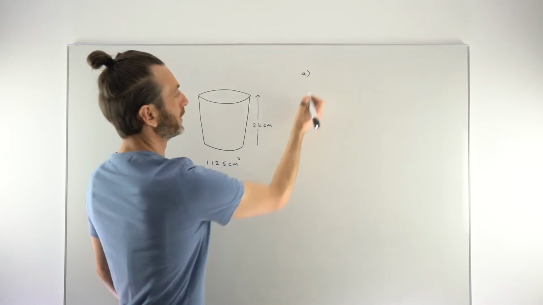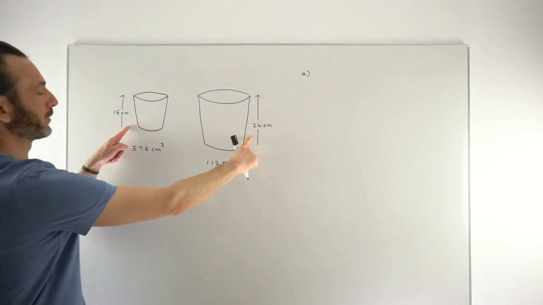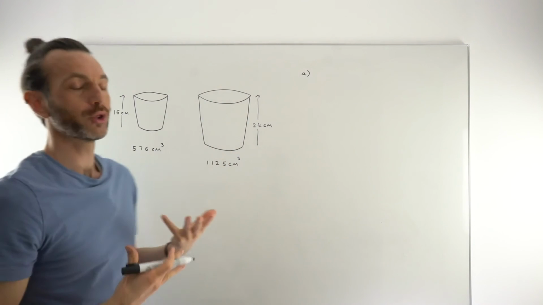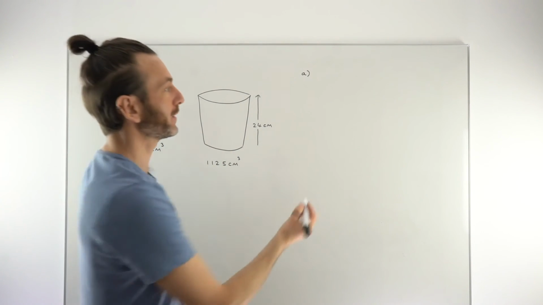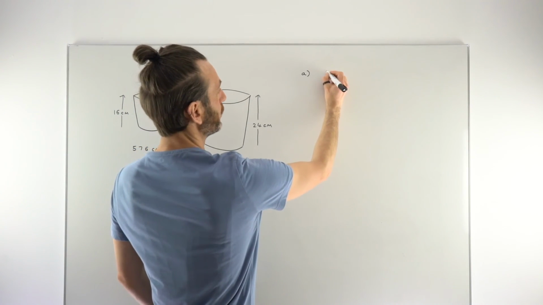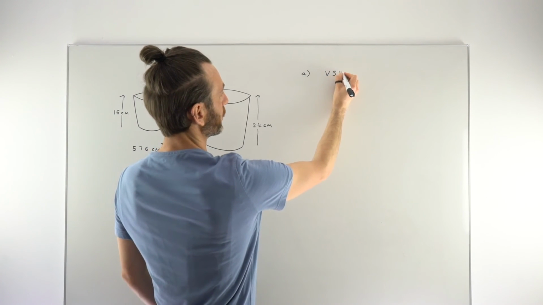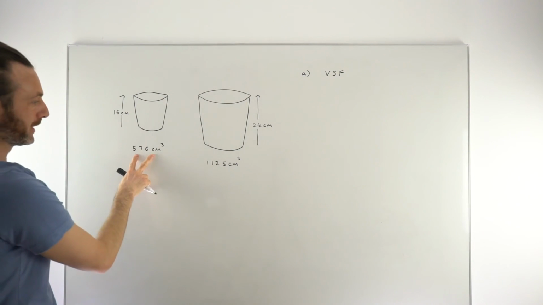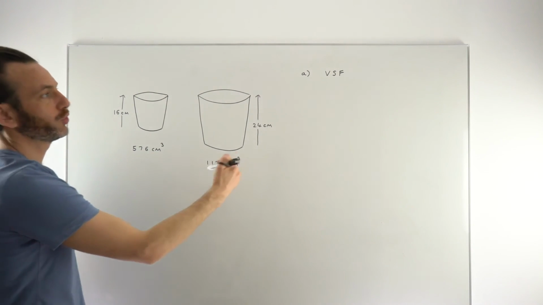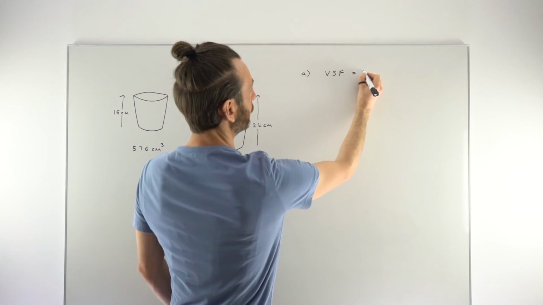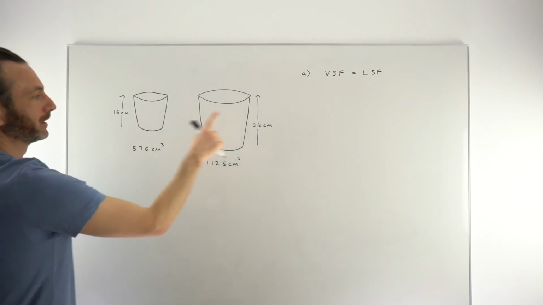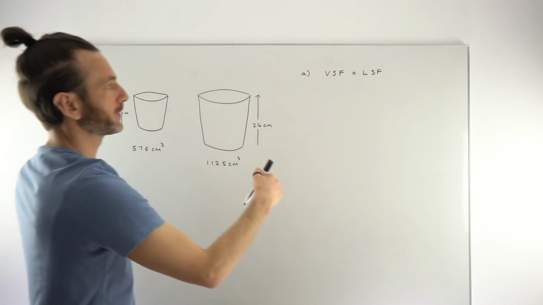So what we're going to be doing here is using these to work out the linear scale factor, using these to work out the volume scale factor, and show that something breaks down there. Because the way that it should work is that the volume scale factor, which is just the scale factor you required to get from this to this number, should be equal to the linear scale factor, which is the scale factor you use to get between the length dimensions, cubed.